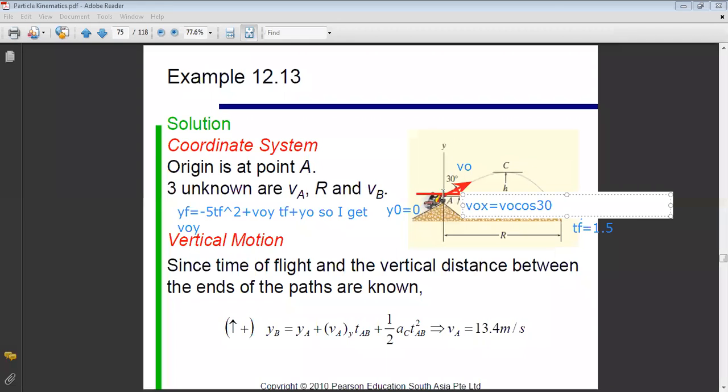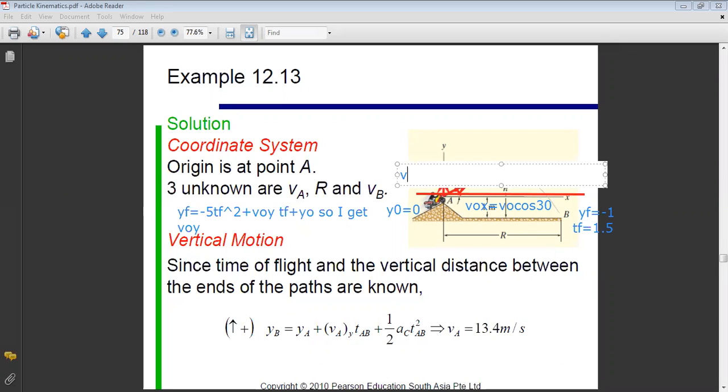And if I project along y, the y component is cosine 60 or sine 30. So V0y is equal to V0 sine 30. So now, I can get that V0 is simply equal to V0y over sine 30. So from this relation, I got the initial speed V0.